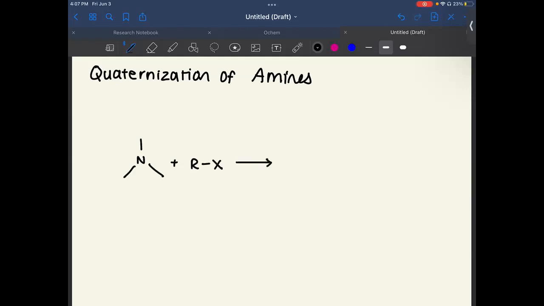And from quaternization of amines, we actually get this molecule. As you can see, this nitrogen now has four groups on the final product. There's going to be an R group, as well as it is now connected to the halogen. So it's taken both of the things that we reacted it with.